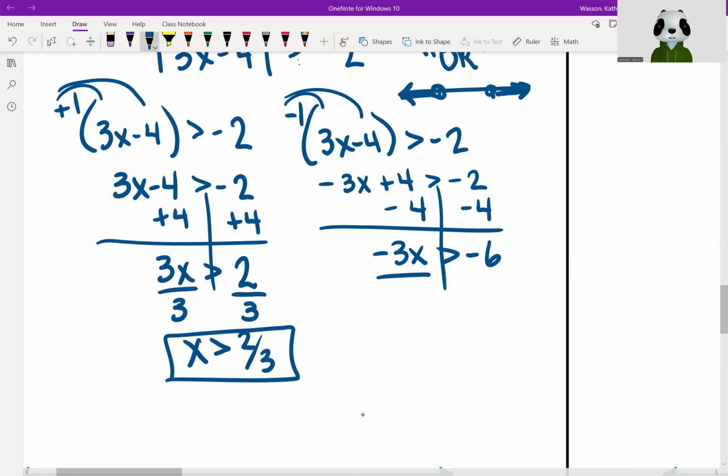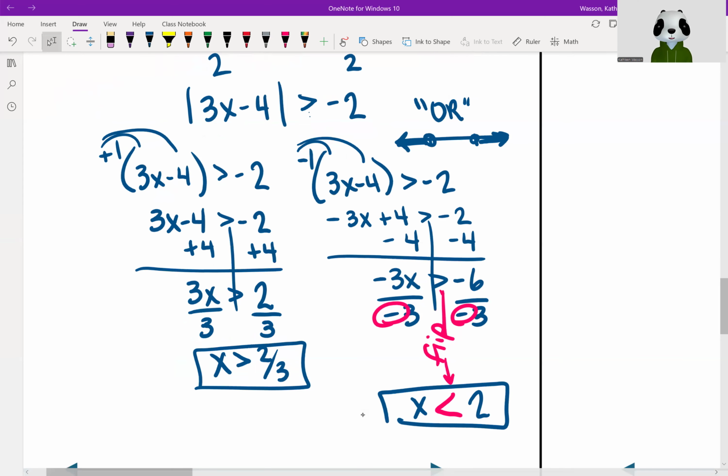And I divide by negative 3. Anytime you divide by a negative number with an inequality symbol, this flips. So I will change my inequality symbol to a less than. And the solution is x is less than 2.